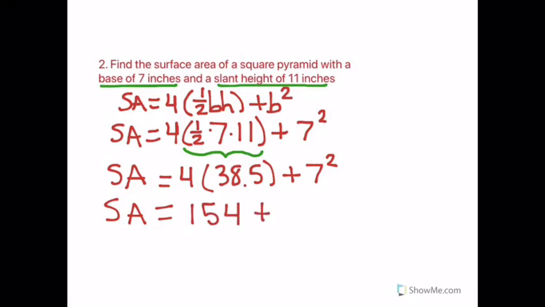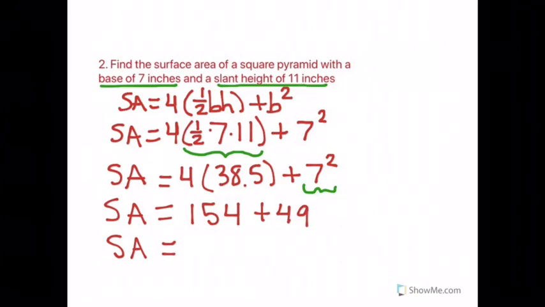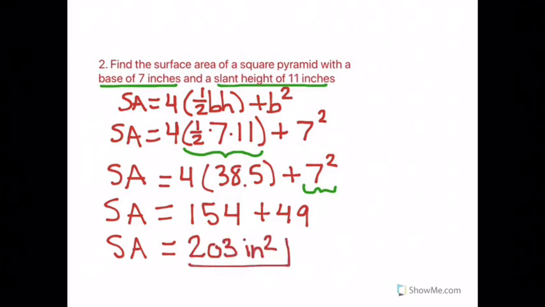Bring down your plus sign. Let's go ahead and calculate what 7 squared is. 7 squared means 7 times 7, which is 49. Now your last step is to add. 154 plus 49 is 203, and again that is in inches squared.